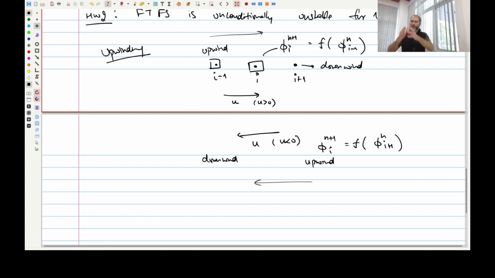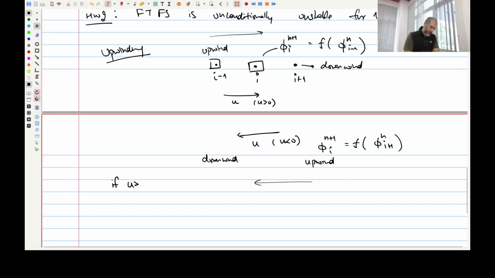So I would put an if condition in my loop: if u is greater than 0, then phi upwind is phi I minus 1. Else, if u is less than 0, then phi upwind is phi I plus 1.